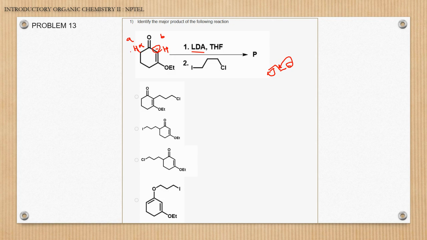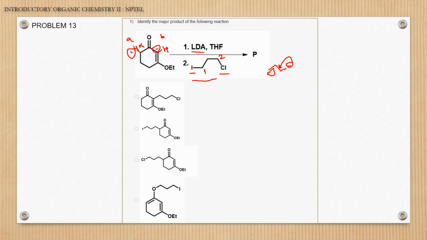After the generation of the carbanion, the next step is the alkylation. Now tell me, is the alkylation taking place at carbon number 1 or carbon number 2? One. Carbon number 1, because of the leaving ability of the halogens.